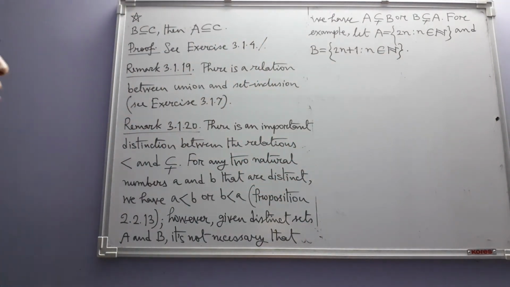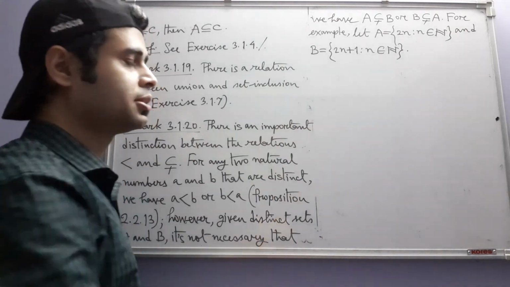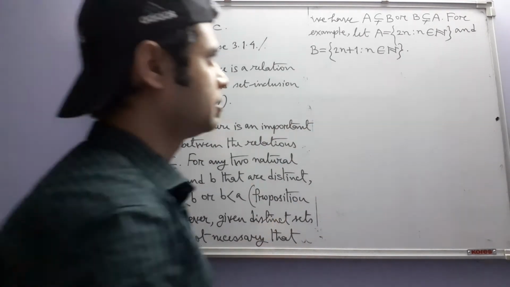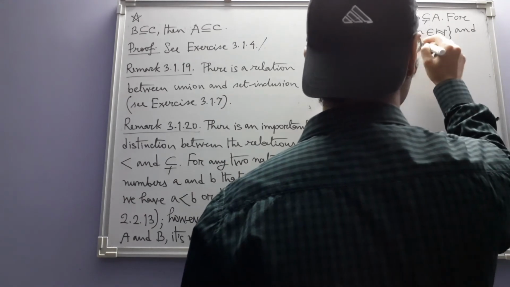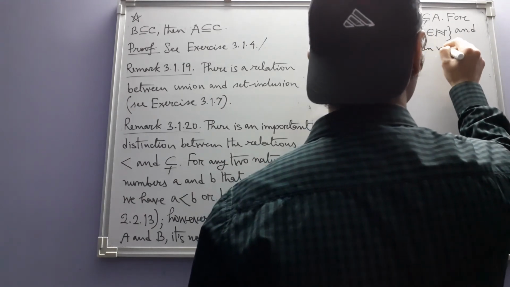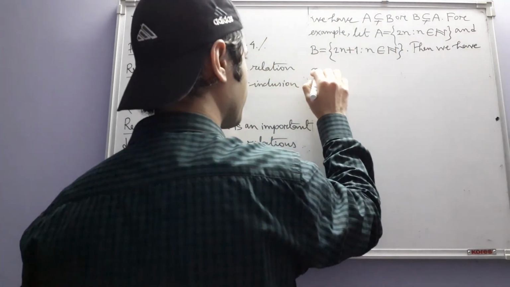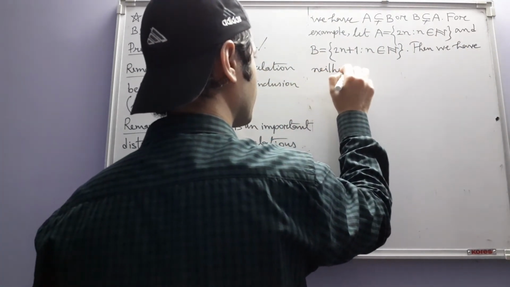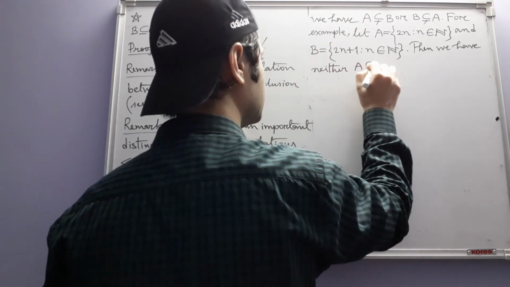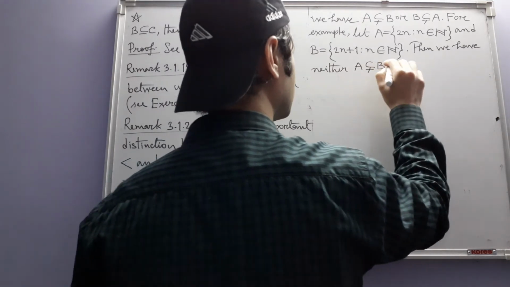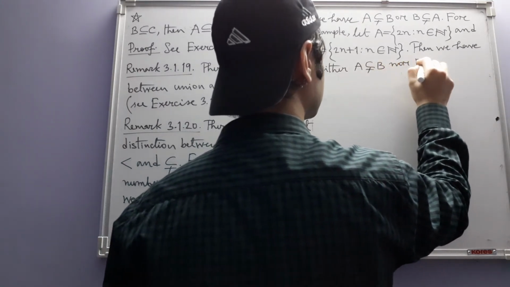Then you already know that neither of them is a proper subset of the other. Then we have neither this nor this.